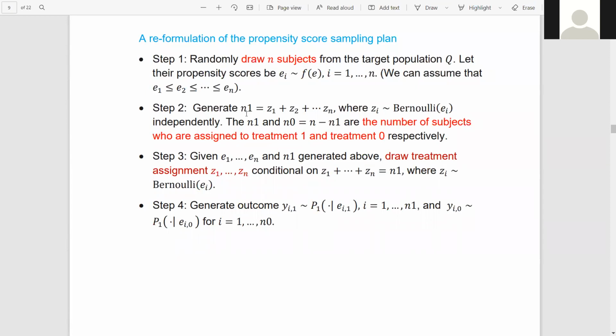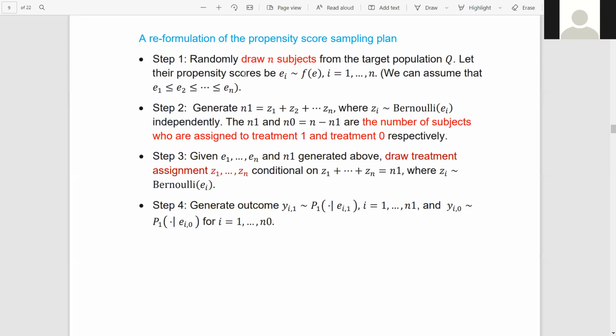The second variation is we're going to draw N1 as the sum of Z1 plus Z2 through Zn, where each Zi is just a Bernoulli trial. So in step 2, we're just going to decide how many total subjects are allocated to group 1 and how many total subjects are allocated to group 0. So this is another variation.